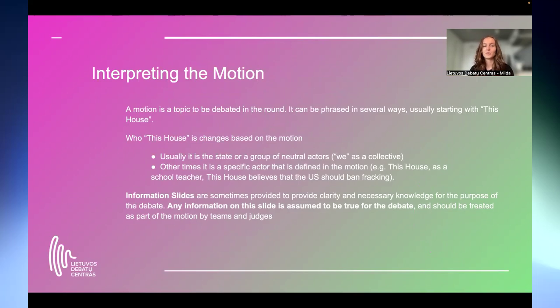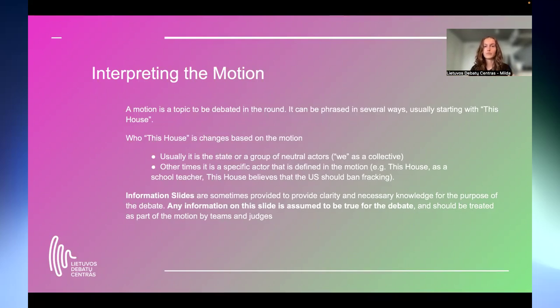That kind of changes based on the motion. Usually you can just imagine it as the state or a group of neutral actors, we as a collective. Other times in specific motions, it is a specific actor, but that will always be said to you. For example, "this house, as a school teacher, believes that the US should ban fracking."